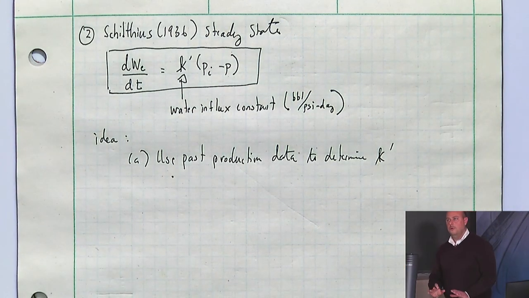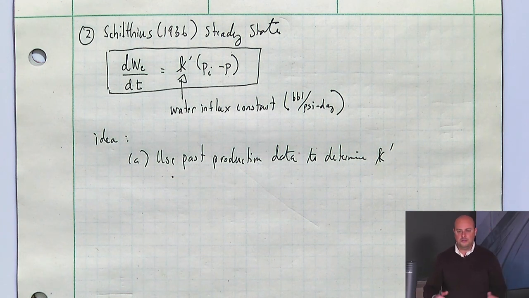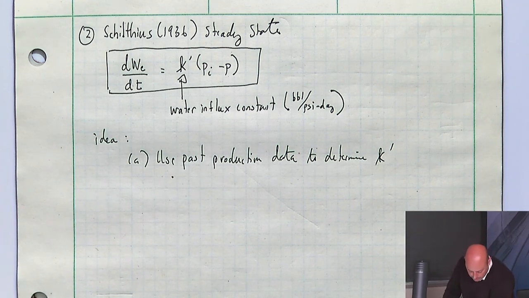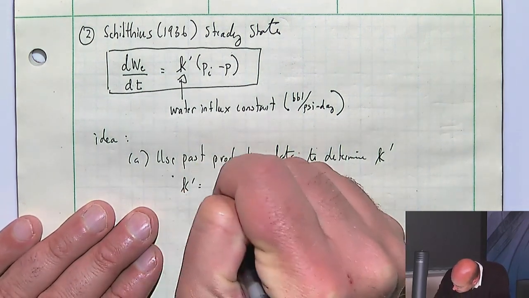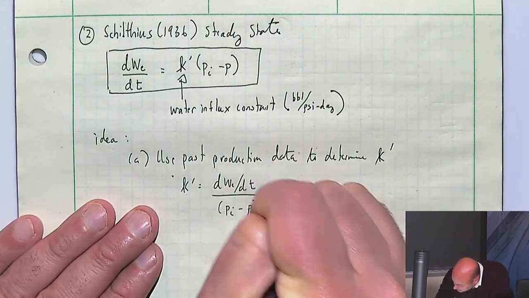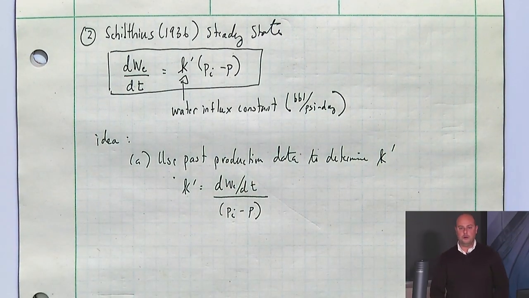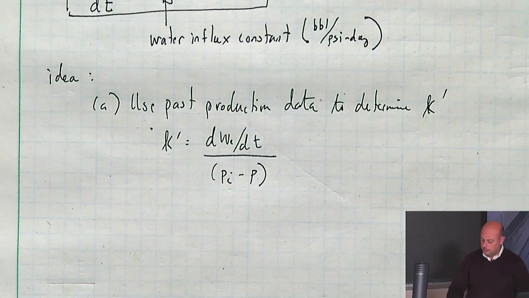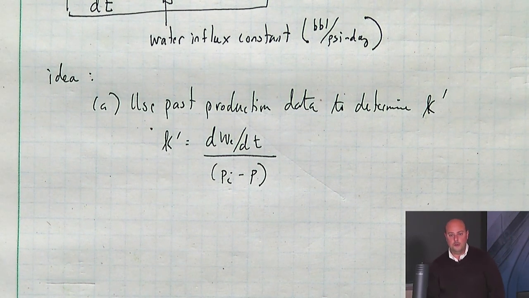Okay, so maybe we've been producing this field for a long time, or maybe we bought this field from another company and they've been producing it for a long time, and they've published their data and shared it with us. So we have past production data, and you can calculate K prime equal to dWE dt divided by the initial pressure minus the reservoir pressure. So we'll have the initial pressure. We'll have the pressure of the reservoir with time because there would have been pressure gauges in the wellbore. And I'll explain in just a moment how we calculate dWE dt.